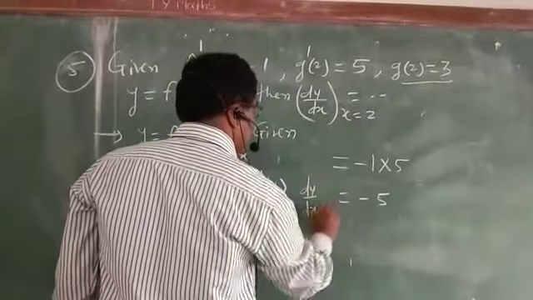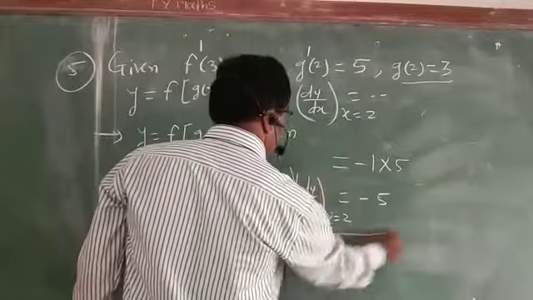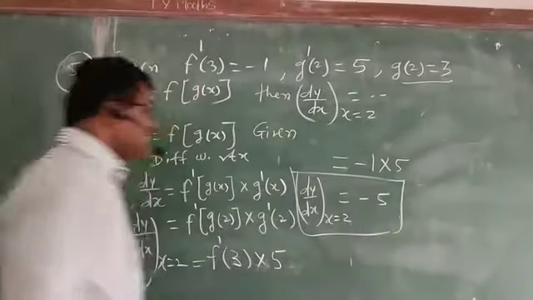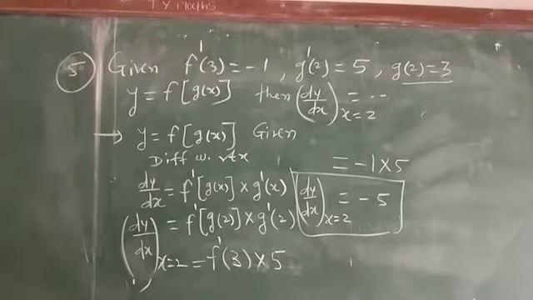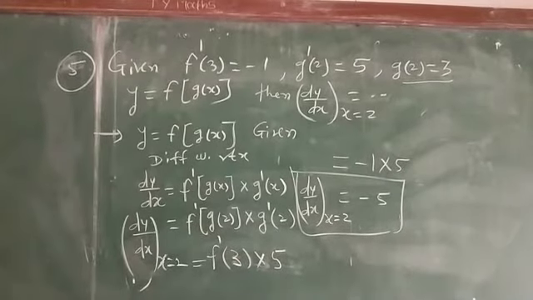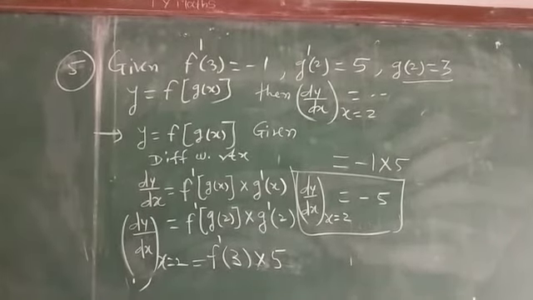dy by dx at x equal to 2 is equal to -5. See and write in your notebook.